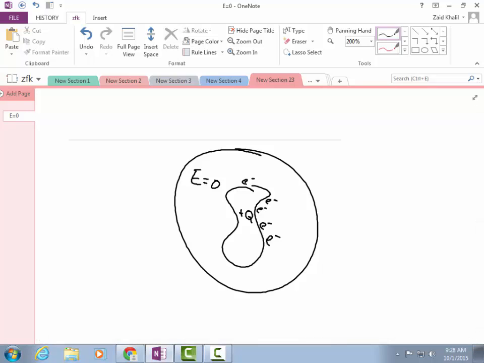And then if you're observing it from the outside, what would you observe? That the outside surface would have plus Q. The same magnitude as the charge that you placed inside this cavity. Why? Where did these electrons come from?